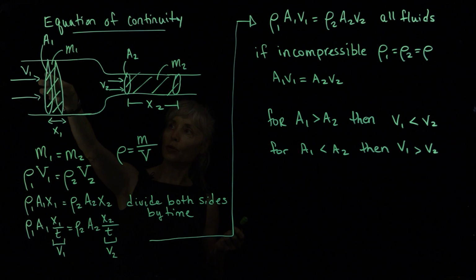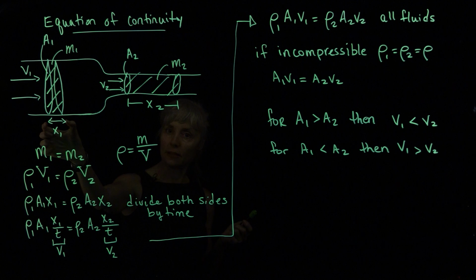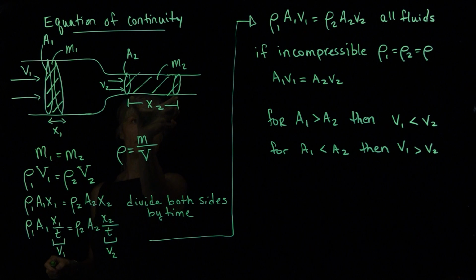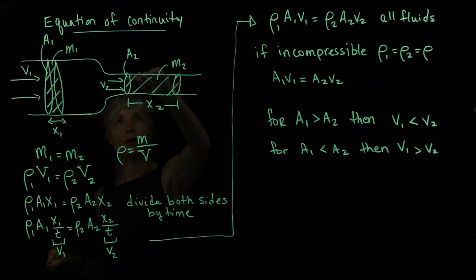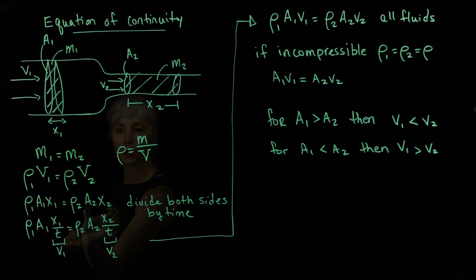Notice the volume that confines this mass M1 is the cross-sectional area A1 times the height of that cylinder, x1. A1 x1 is V1. And V2 is a cylinder as well. Its volume can be written as the area A2 times the length of that cylinder, x2. So there is the volume V2.